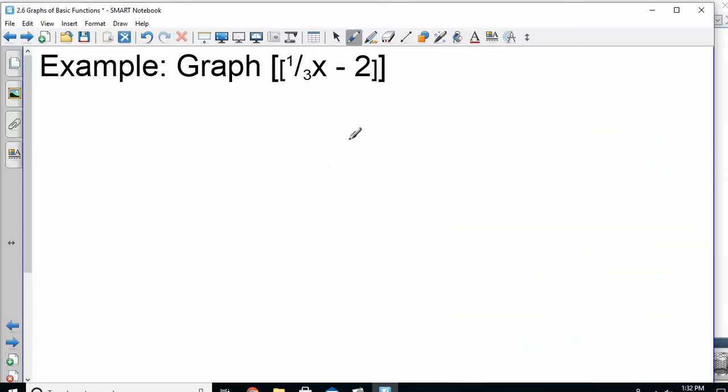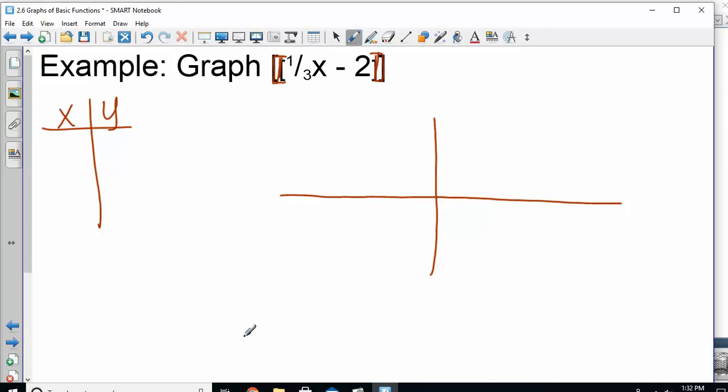Give you an ugly one, right? One greatest integer of 1/3 x minus 2. So let's make our t-chart. We have to figure out one complete step, and then we know we can just extend our path.